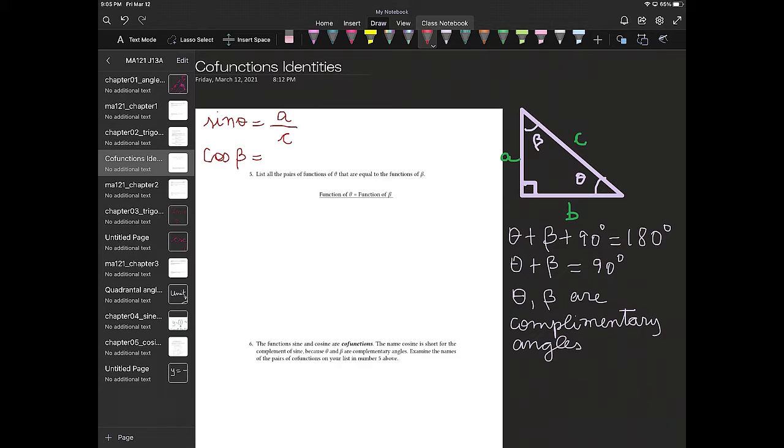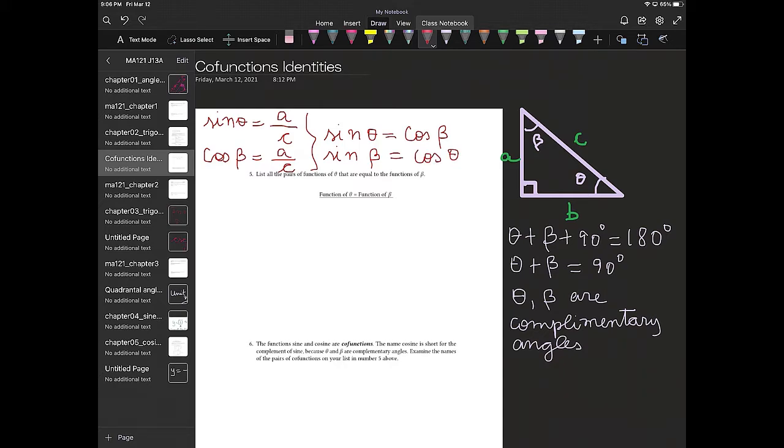Adjacent of beta is A and the hypotenuse is C. So sine of theta and cosine of beta are equal. In a similar fashion, sine of beta is equal to cosine of theta.